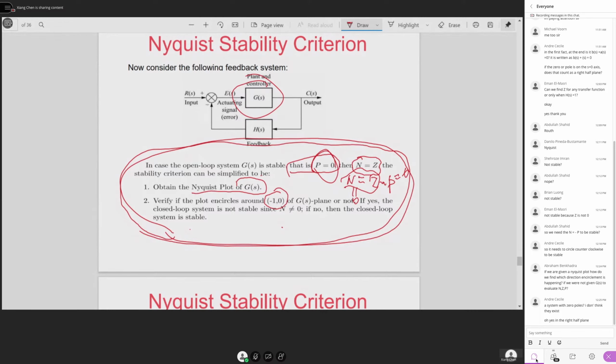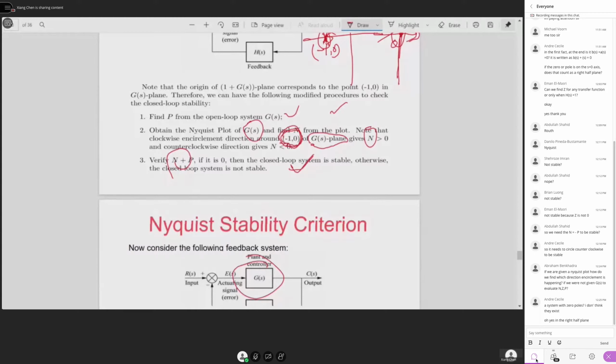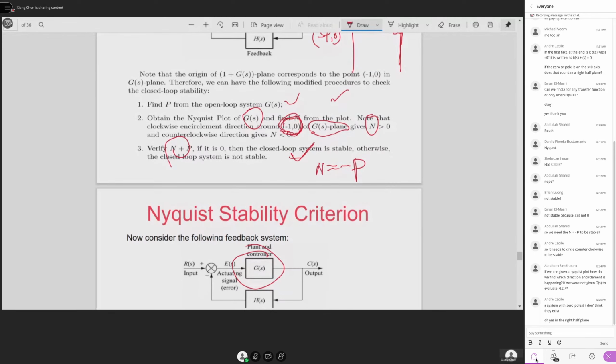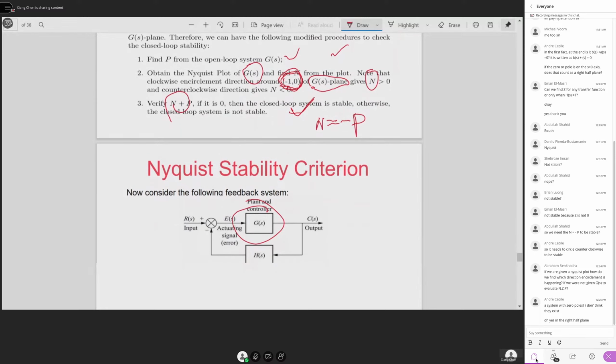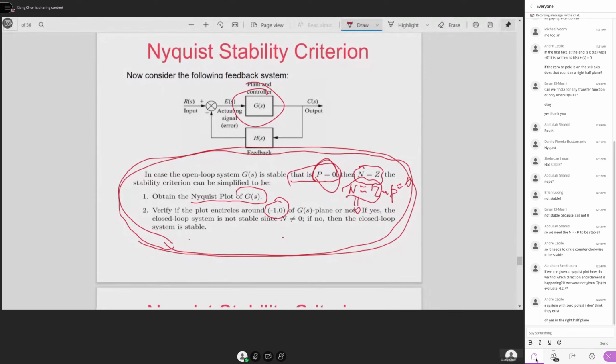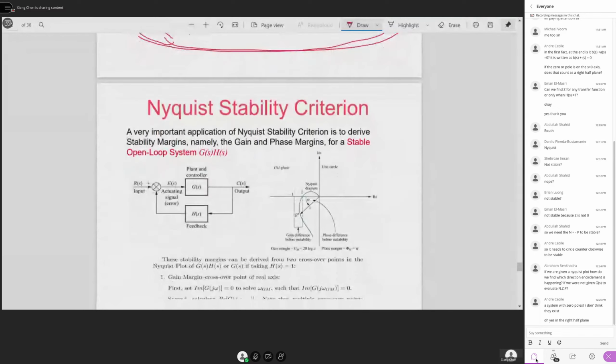Otherwise, if the open loop system is not stable, then that conclusion does not hold, because we need N to be equal to -P. Actually, we need to see encirclement around the -1, 0 point counterclockwise to guarantee that the closed loop system is stable. So I think you should have no problem understanding the difference between these two. Any question about that?